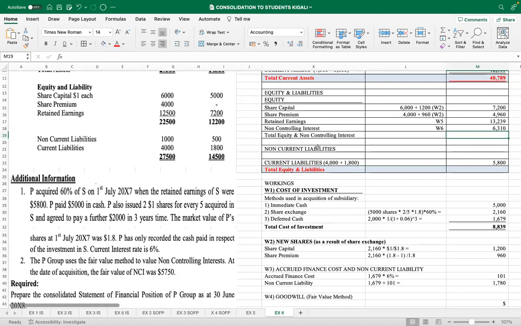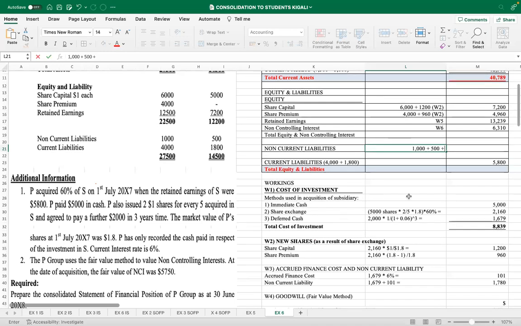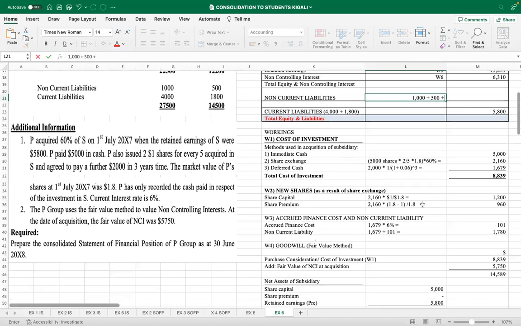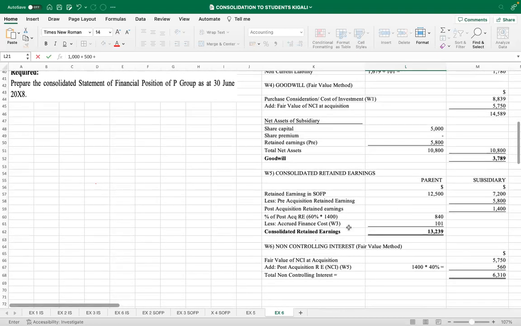So what is remaining is non-current liabilities. Let's be attentive. In non-current liabilities, you can see here, parent had 1,000, subsidiary had 500. So 1,000 of the parent plus subsidiary 500 plus the new liability as a result of deferred cash.